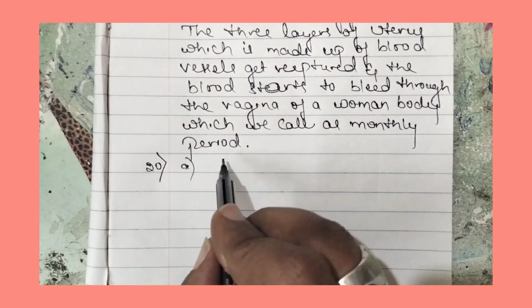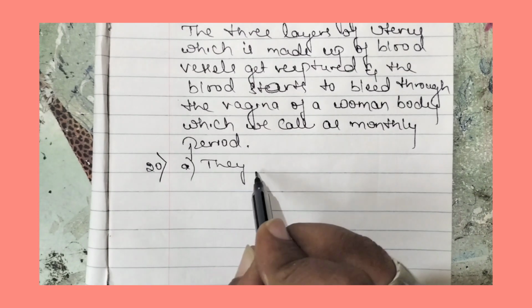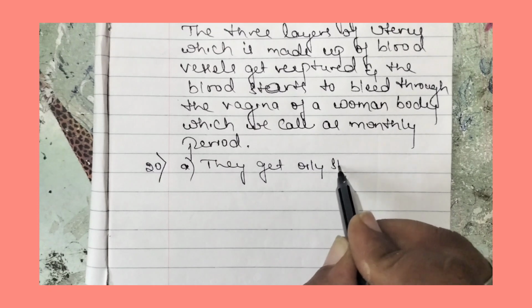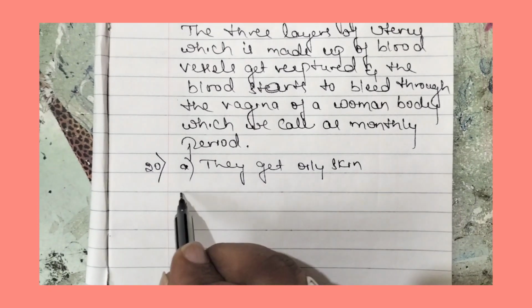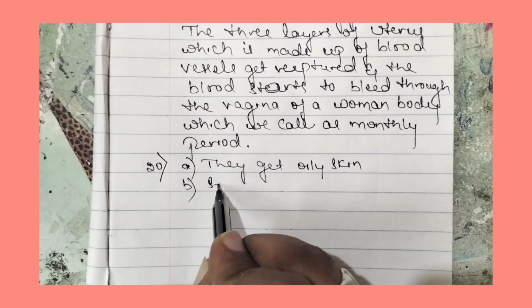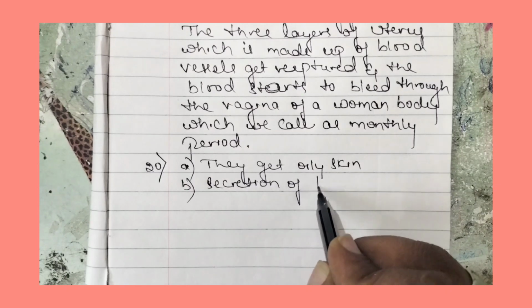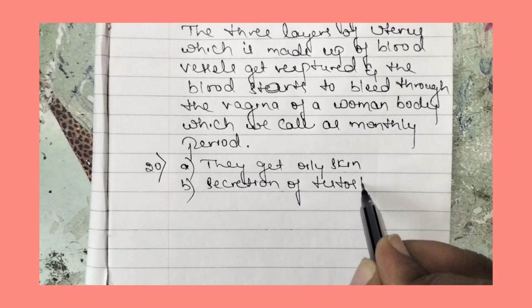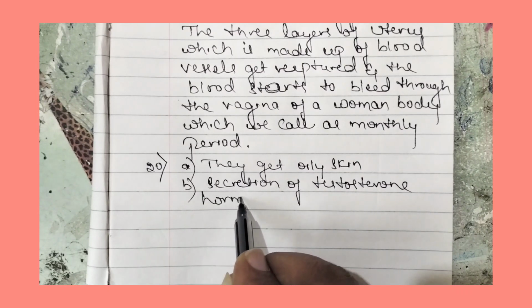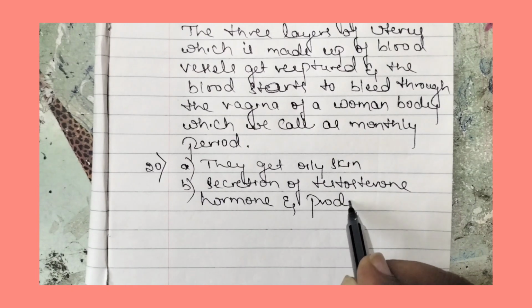The first one is they get oily skin. Second, secretion of testosterone hormone and production of sperms.